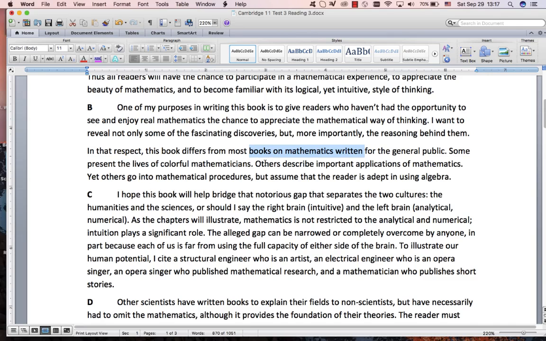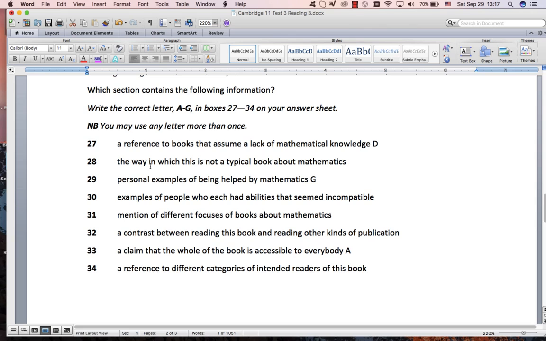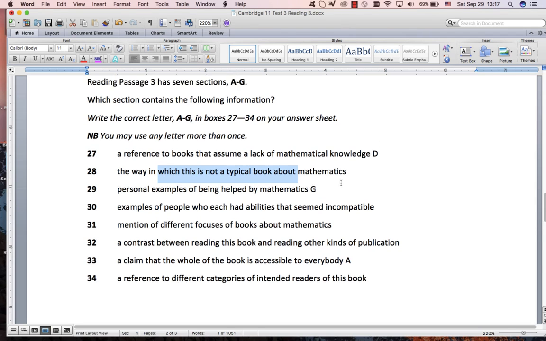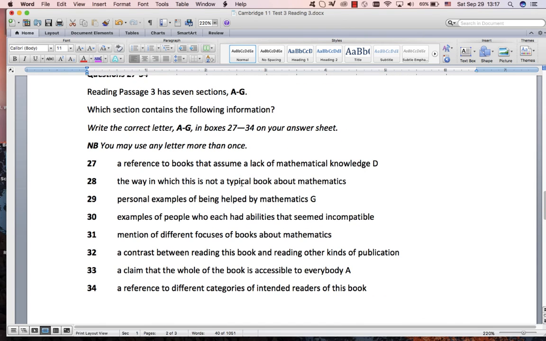Some present, others do that, yet others go there. So I would say definitely it's not a typical book. He is saying it's not a typical book, not a normal book, and then he's also mentioning that. So I'm just guessing here, but I would say that one and that one. B is the paragraph that they use twice.